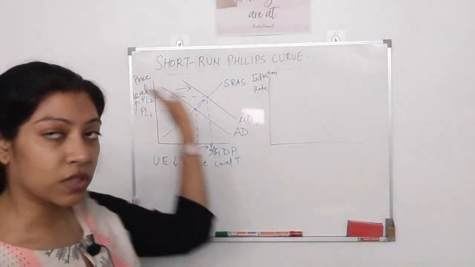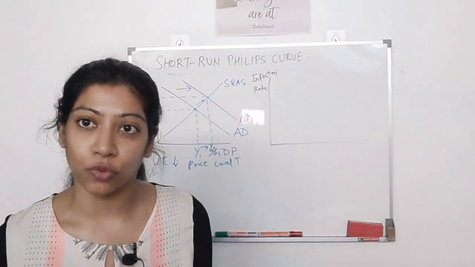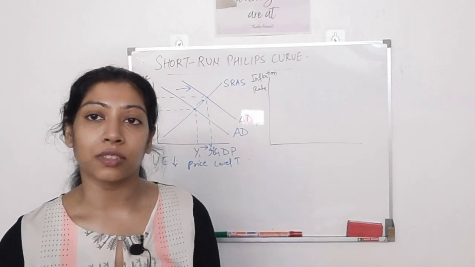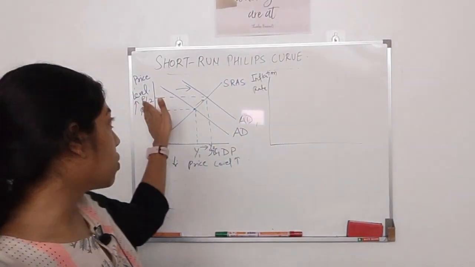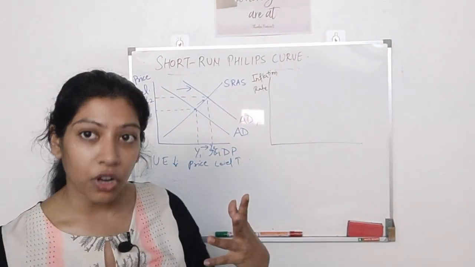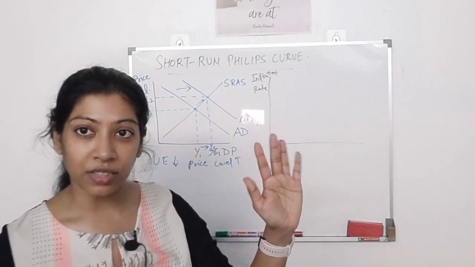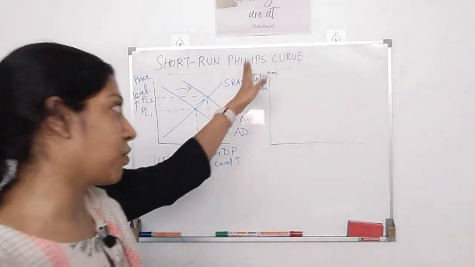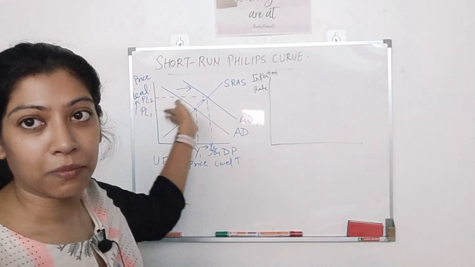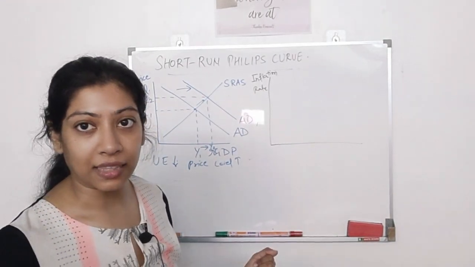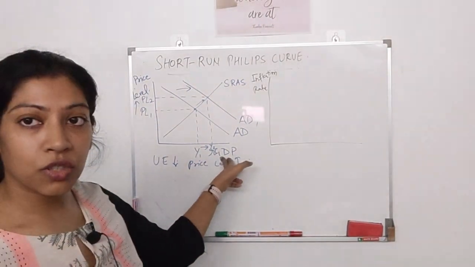So the price level would definitely still show that increase. So these are not the same thing. However, because they're similar, the inflation rate is taken on the y-axis like the price level. Just remember it like that. And this is the real GDP.